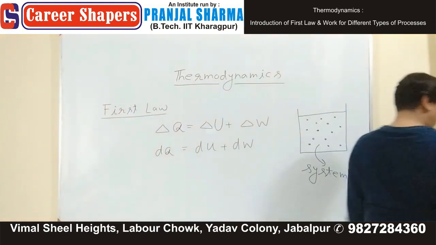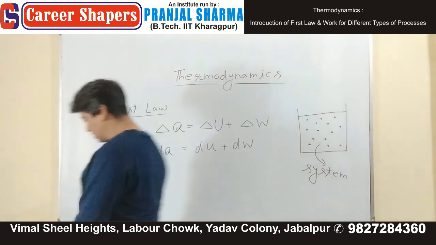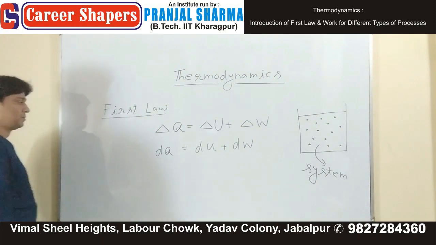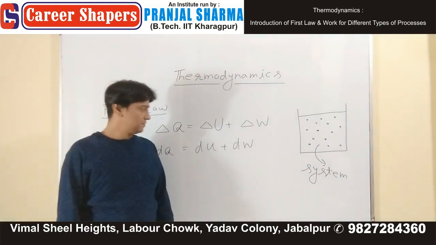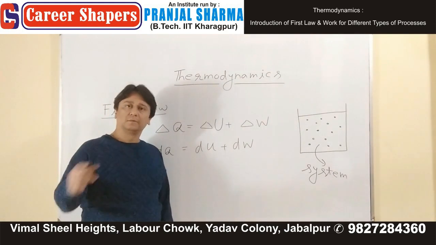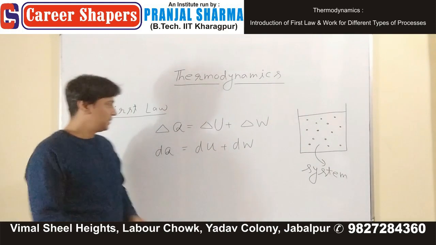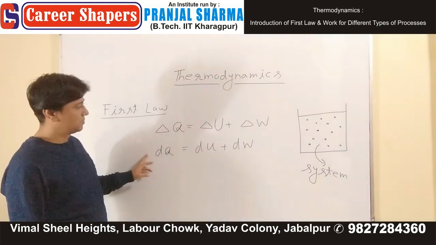But for the cup of tea, dq will be negative. If you reject, negative. If you accept, positive. That's how we define dq.